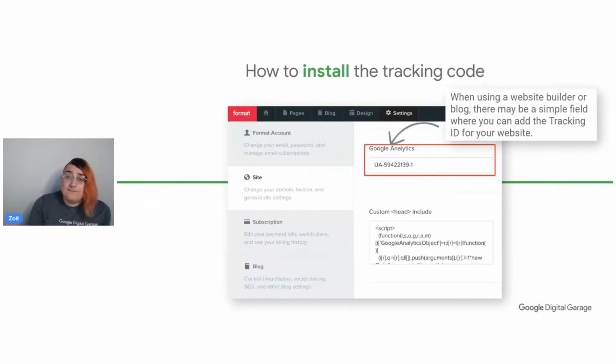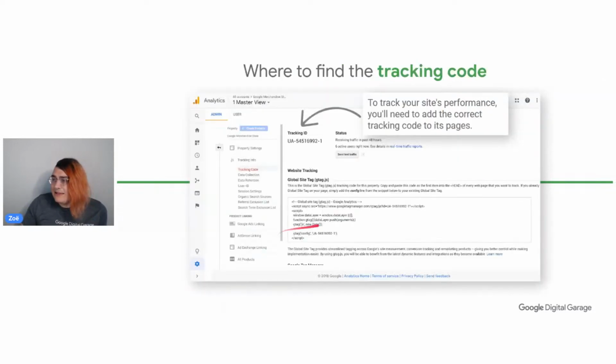The other thing is that if you have a website builder, so if you've used something like Wix or WordPress or Squarespace or GoDaddy, any kind of website builder like that, pretty much all of them, as far as I know, have a place in their settings that lets you set up Google Analytics. And all you need to do, I'm going to go back a bit. If you see, we've got this tracking ID that we've got this nice big arrow pointing to.